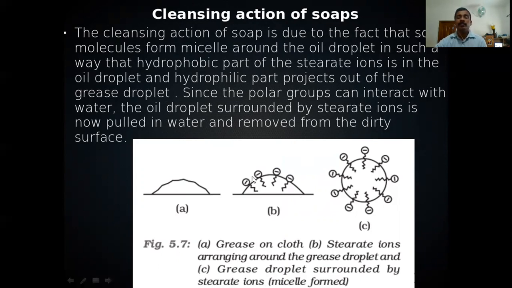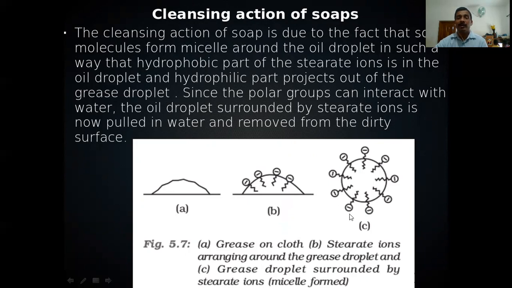When we use soap, you can see this hydrocarbon part will dissolve in oil, and the negative head will be on the surface. And as the concentration of soap increases, the micelle formation will take place.